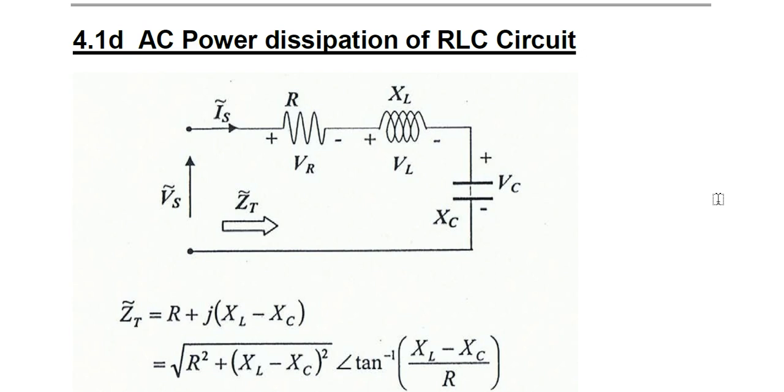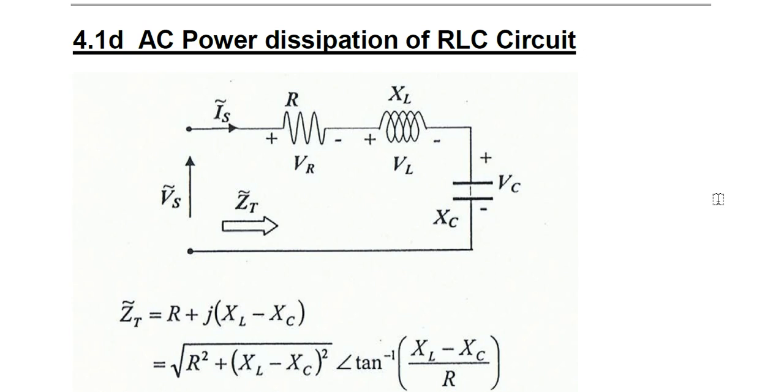In this video, we continue with lecture topic 4. In the previous lecture, we looked at AC power for a purely resistive circuit, a purely inductive circuit, and a purely capacitive circuit.